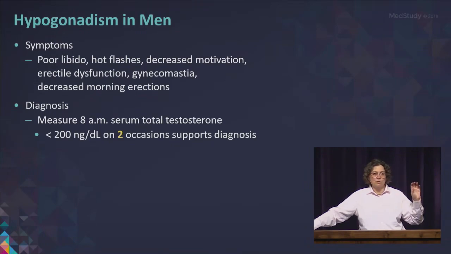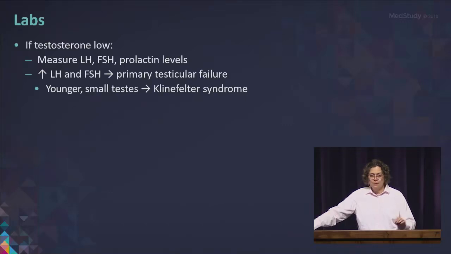So who warrants therapy with regards to testosterone replacement are those men who truly have a low testosterone level on the labs. If testosterone is shown to be low, then we want to measure LH, FSH, and prolactin levels. If the LH and FSH are high, we're looking at primary hypogonadism or testicular failure.